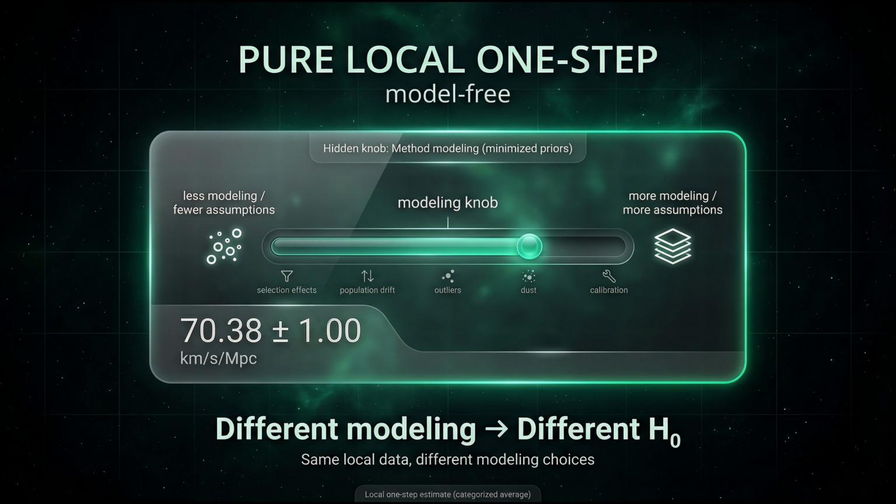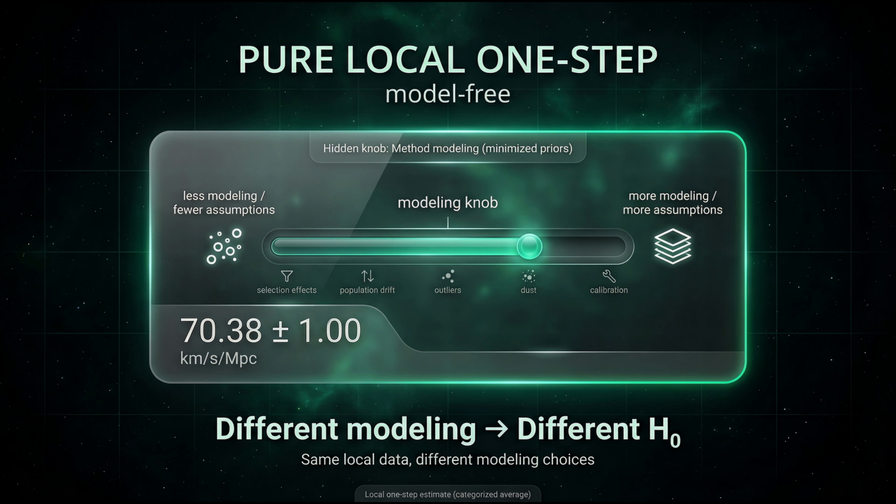They still have modeling, everything does, but they try to minimize cosmological priors, so the result doesn't quietly inherit ΛCDM. In the January 2026 synthesis by Pantos and Perivolaropoulos, this category lands closer to the middle, higher than the ΛCDM-assuming one-step group, but not rushing up to 73.